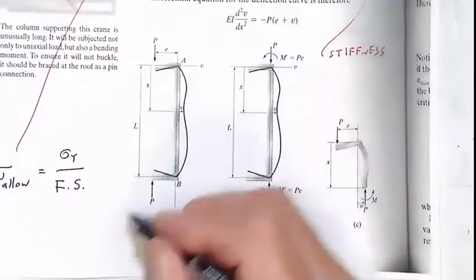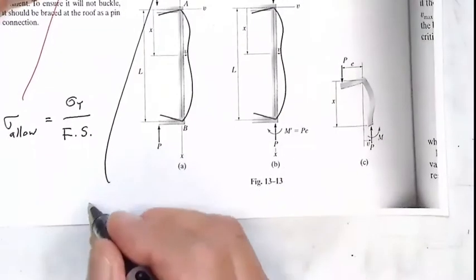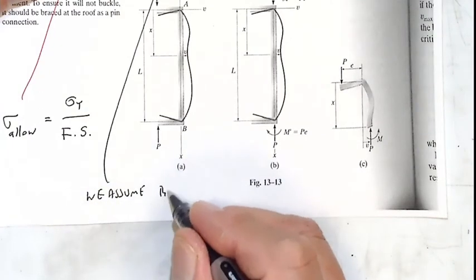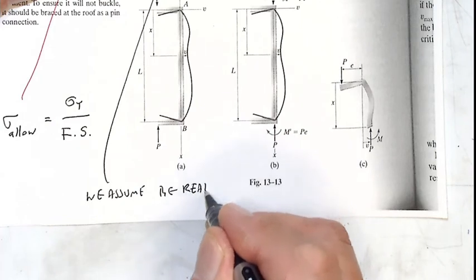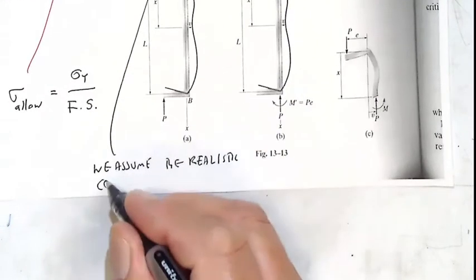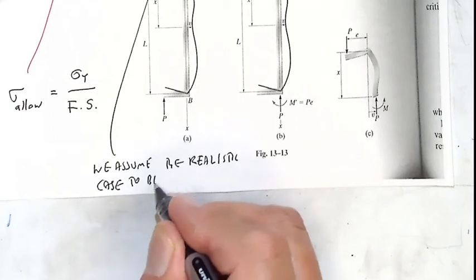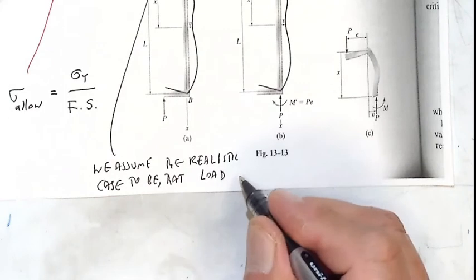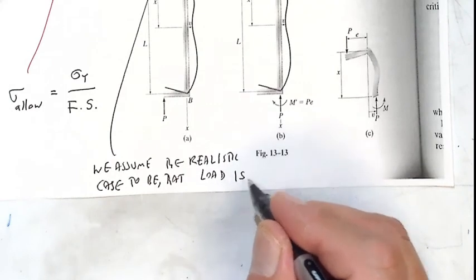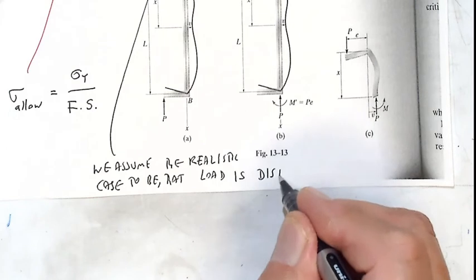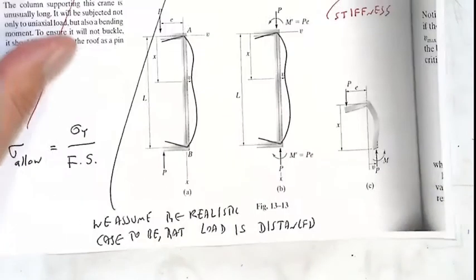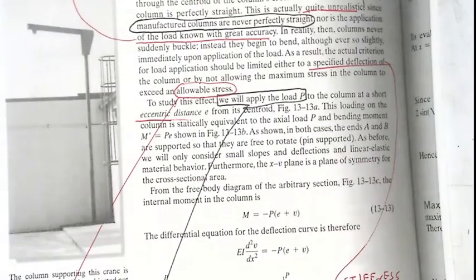Better to say, we assume the realistic case to be that the load is displaced. It is not that we apply it, because if I had to apply it, I would better apply it in the center, and then I would not have this problem.